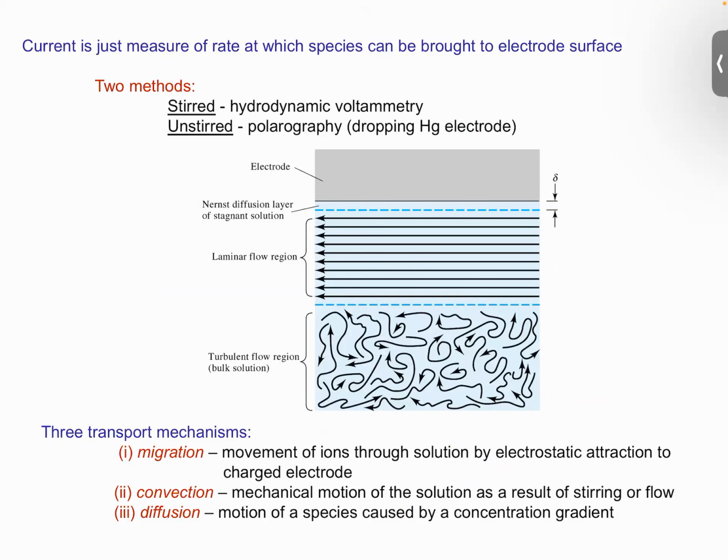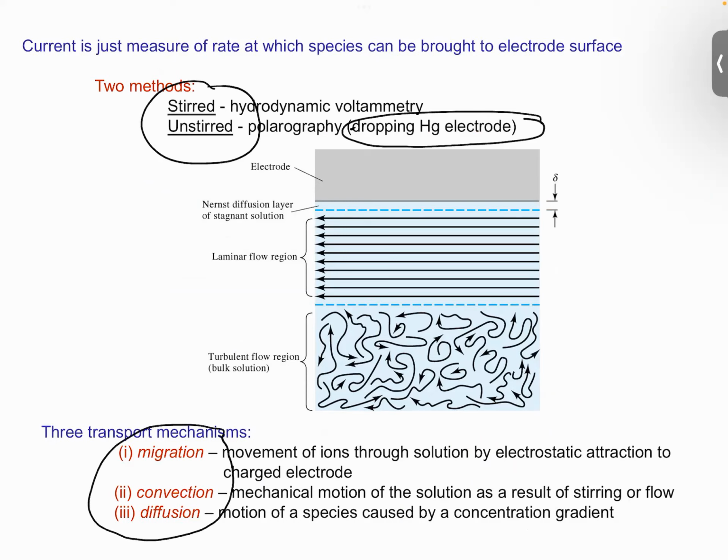So if you look here, regardless of whatever, this is just an example of an electrode. You can have stirred and unstirred solutions. So there are three processes happening, how the ions, the ferrum 3 just now, move towards the electrode.